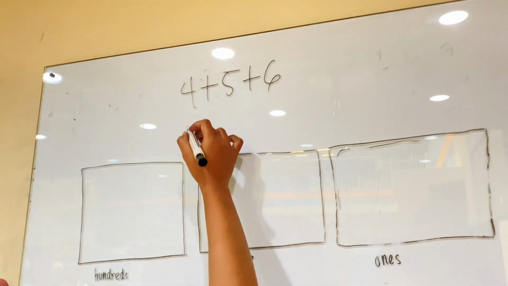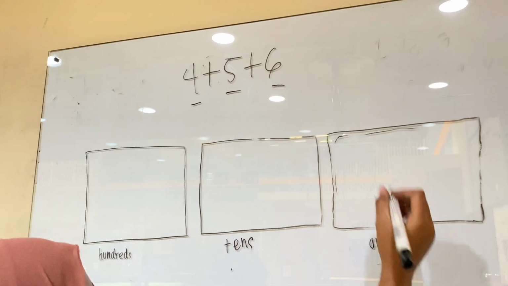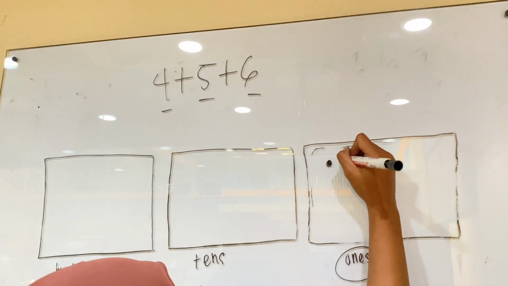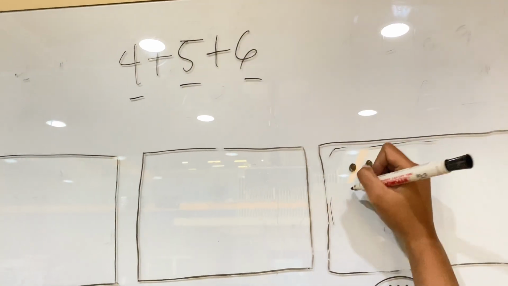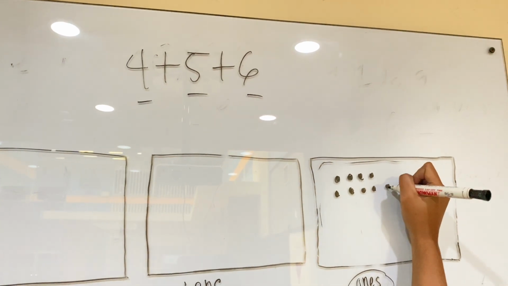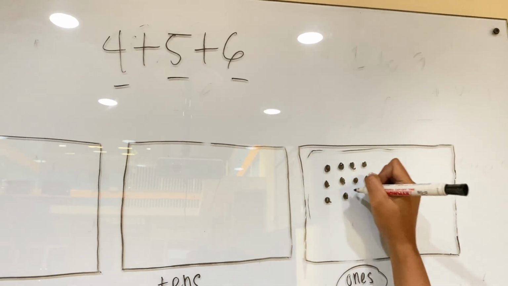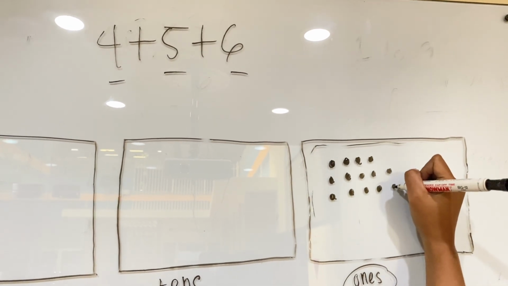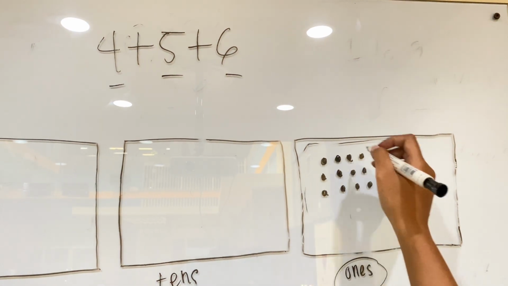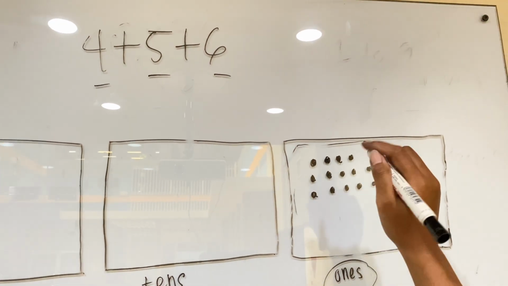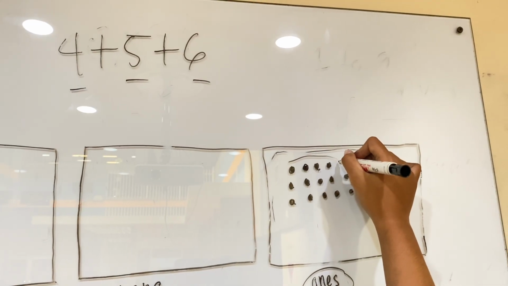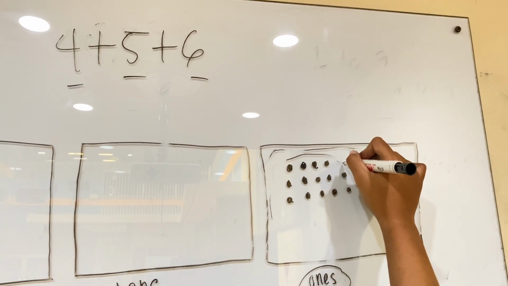So we're gonna put 4, 5, and 6 in the ones boxes by adding 4 dots, and then 5 dots, and then 6 dots. Okay. After this, we're gonna group this into a 10.